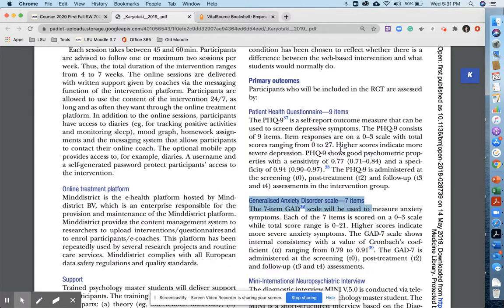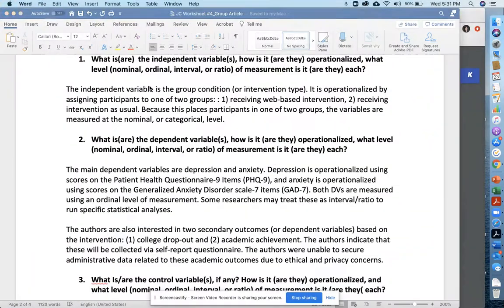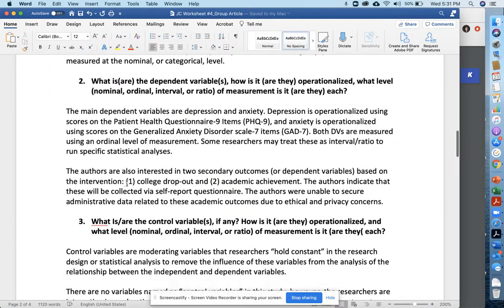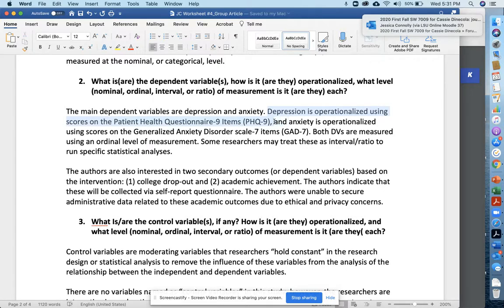So let's go back and talk about how you would write this up. So the main dependent variables are depression and anxiety. Depression is operationalized using scores on the PHQ-9, and anxiety is operationally measured using scores on the Generalized Anxiety Disorder Scale.